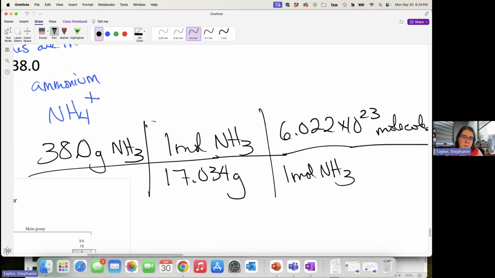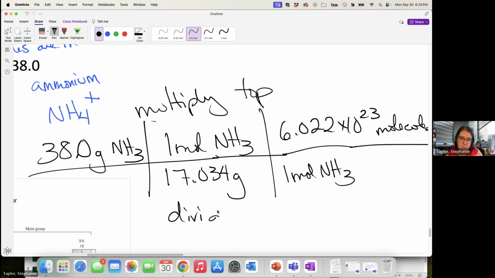We are going to multiply across the top, divide by the bottom. In general, grams are always bigger than moles. So as you start with grams and go to moles, your number ought to get smaller.